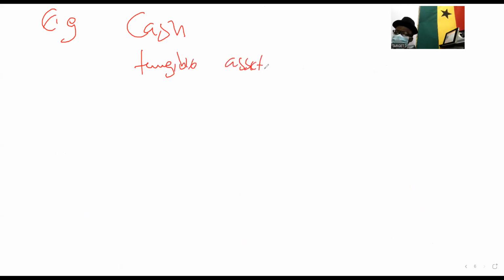They can give you cash, tangible assets, inputs or raw material.